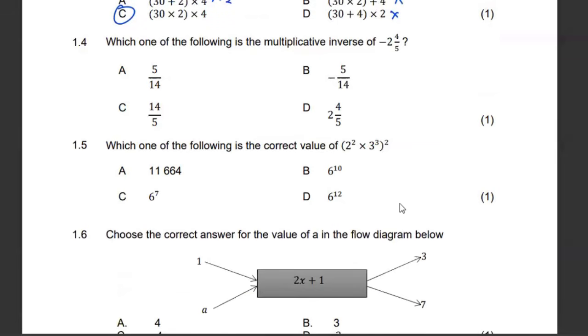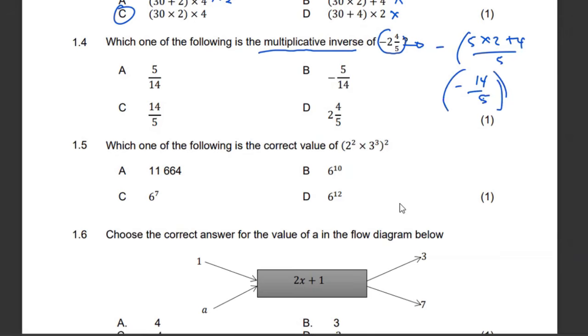And then which of the following is the multiplicative inverse of this? Before we even get to the multiplicative inverse, let's change this fraction into an improper fraction. It's a negative. We have 5 times 2 plus 4 over 5, which is negative 14 over 5. When you talk of multiplicative inverse, it's like you're switching these numbers around.